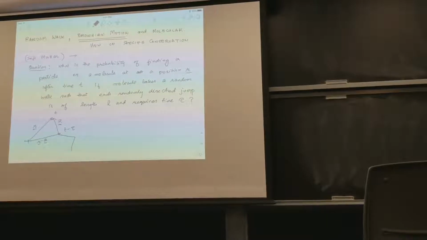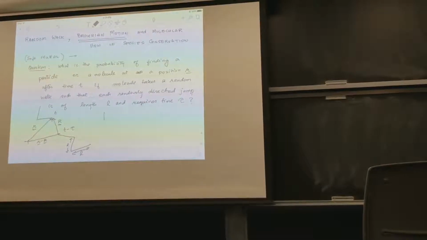Since my jumps are all of the same length, this r should have the magnitude of L. Then I keep going. Even if my drawing doesn't show it, you have to assume all the steps are of the same size.